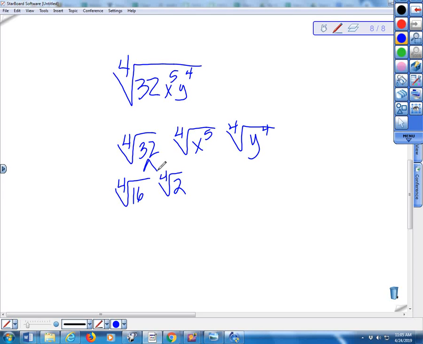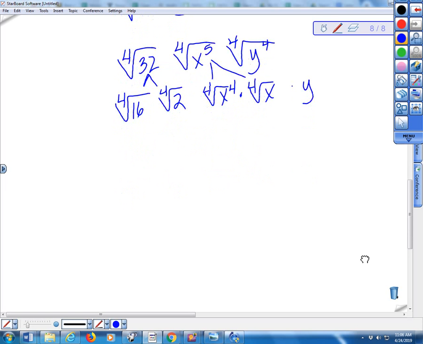Right? The 4th root of x to the 5th is the 4th root of x to the 4th times the 4th root of x. So that splits to that. And the 4th root of y to the 4th is just y.